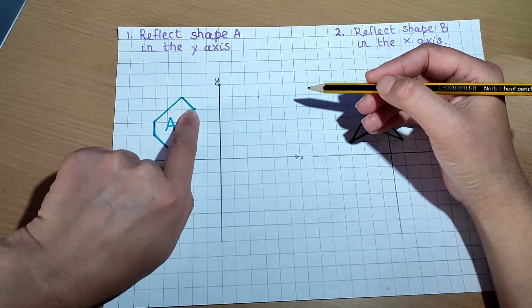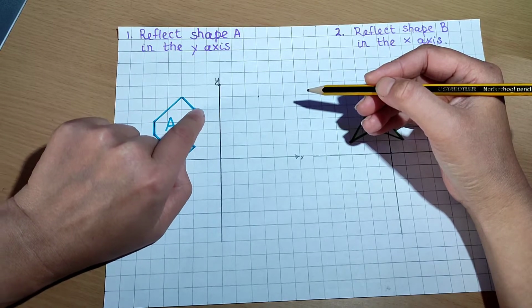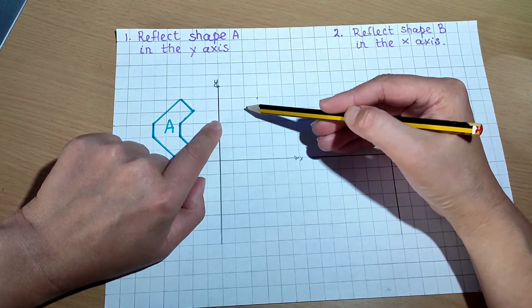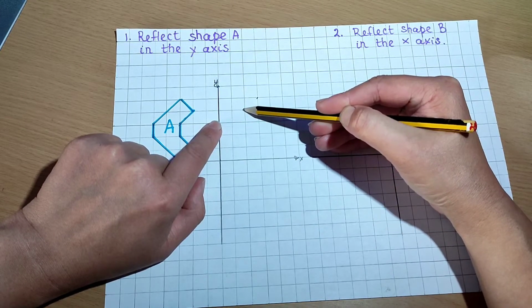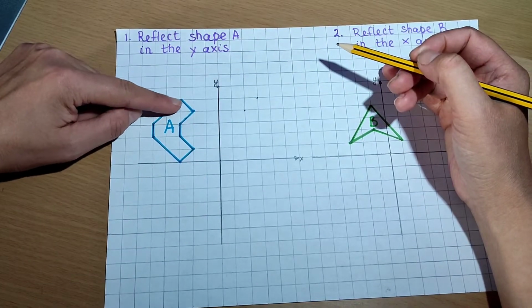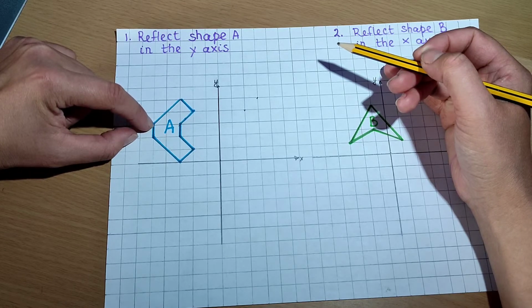How many squares is it to the mirror, to the y-axis? 1, 2. So we'll do the same on this side. 1, 2, and we'll put our next vertex here. Right, so we go down. Let's start with this point.